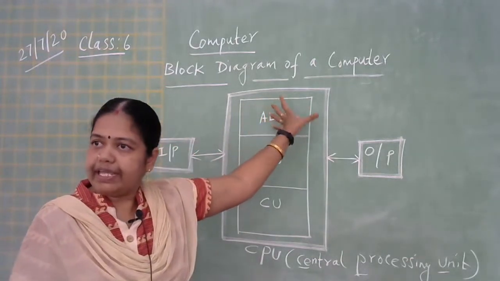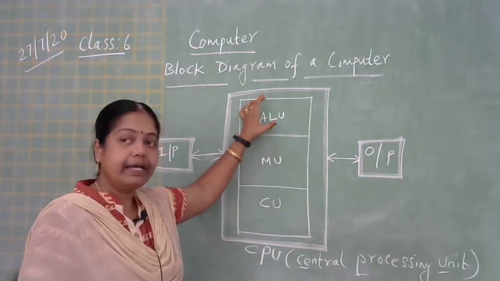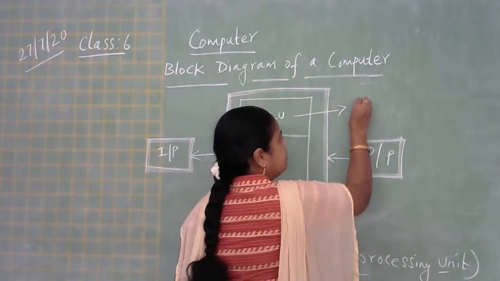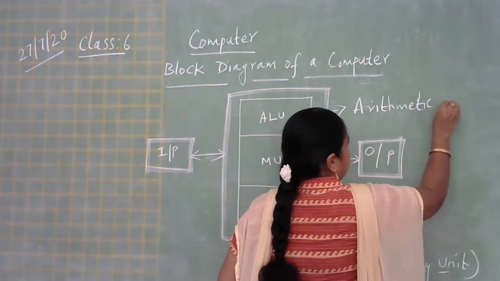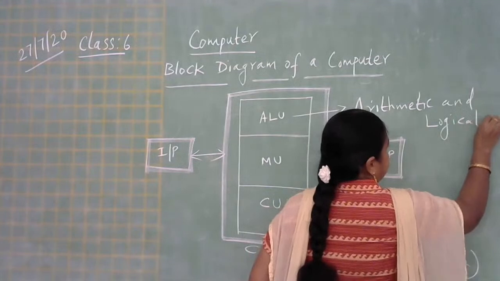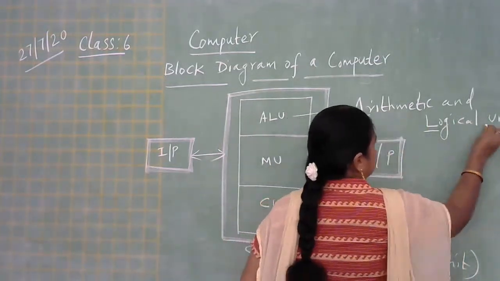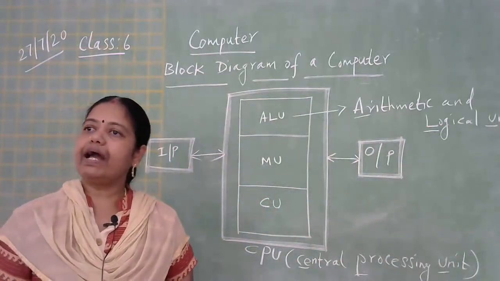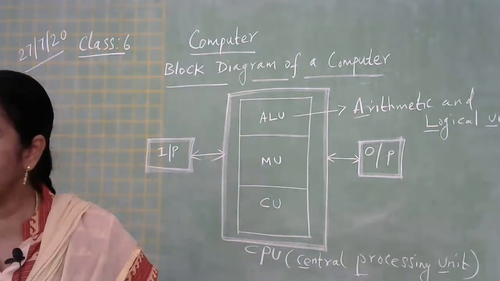Internally, CPU is divided into 3 parts. One is the ALU. ALU, you all know, arithmetic and logical unit. Yes, how many of you know this?